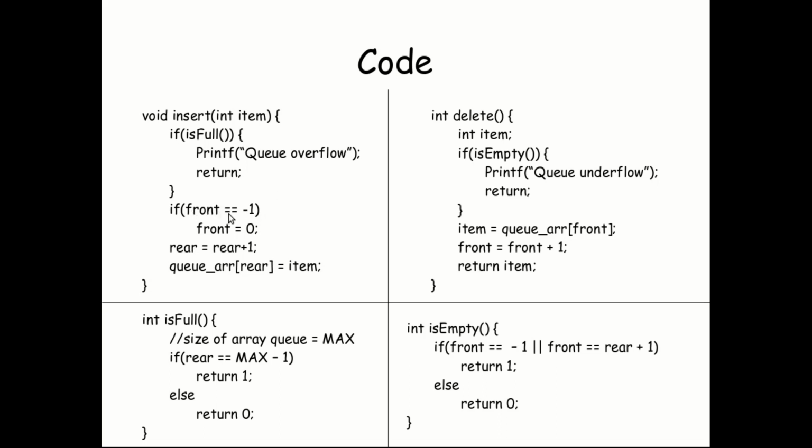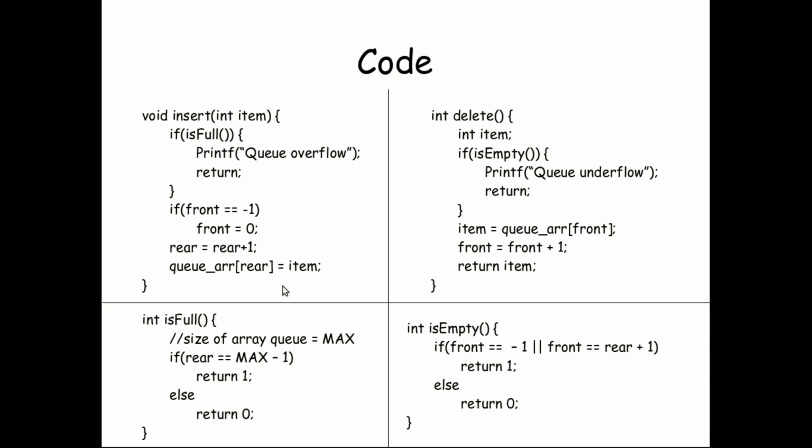And if the queue is not full, then we will go to the next if condition. This is checking if front is equal to -1. As I said in the previous slide, whenever we are inserting the first element, we need to increment both the values, front and rear.